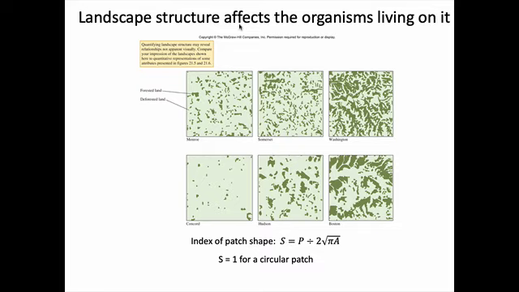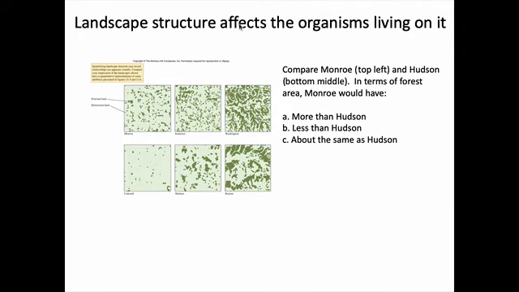So the total area in dark patches here is kind of similar. The total area in dark patches here is kind of similar. This has a lot less. But if you're looking at these patches, compare Monroe at the top left, which is this one, and Hudson down here, and let's just see what you think.